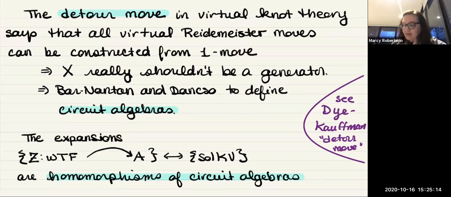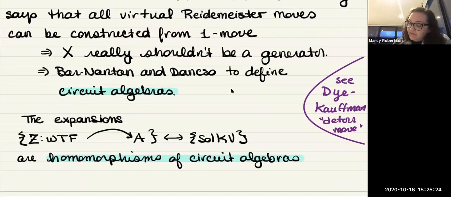And just to tie back to our original idea, remember we're looking at expansions. So what were these finite type invariants? These expansions are now actually just homomorphisms of circuit algebras.